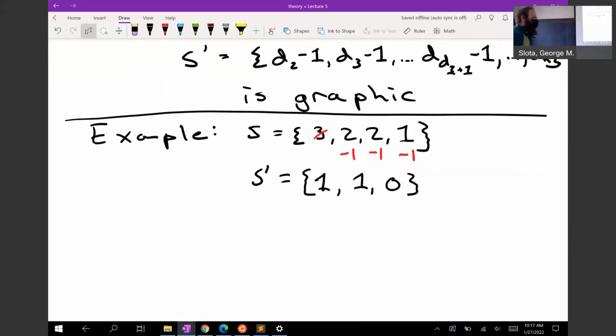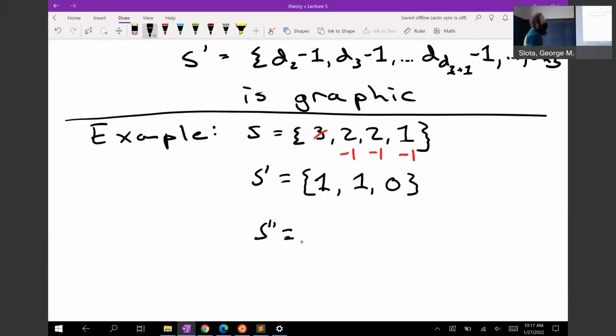Hypothetically, we don't know if that sequence is graphic. This is what I was referring to when I said this is an algorithmic approach. Essentially, we're iterating through our sequence until we end up with a sequence that is obviously graphic, or a sequence comprised of only zeros, which is obviously the graphic sequence of just an empty graph.